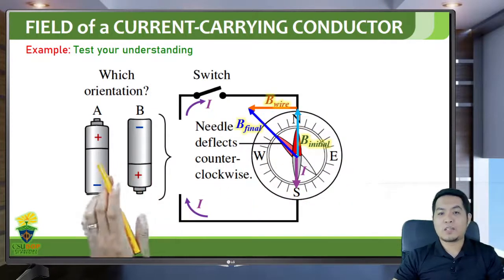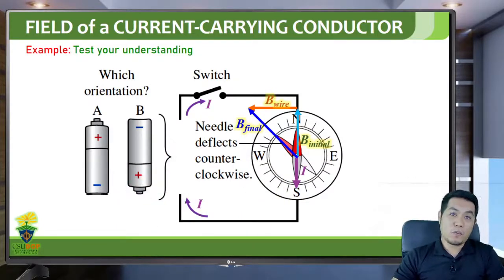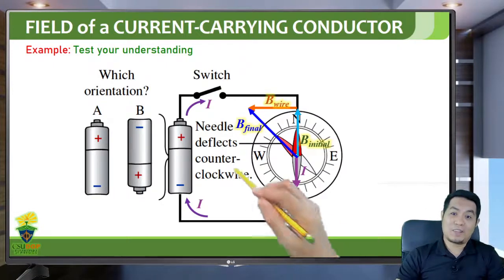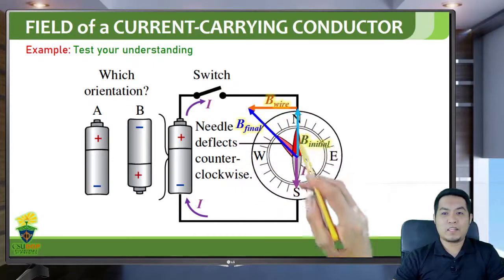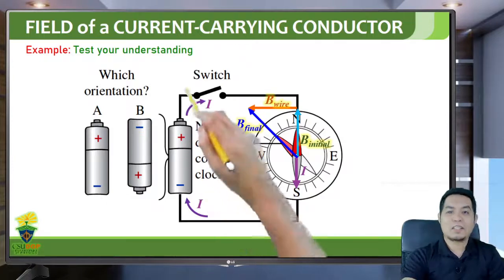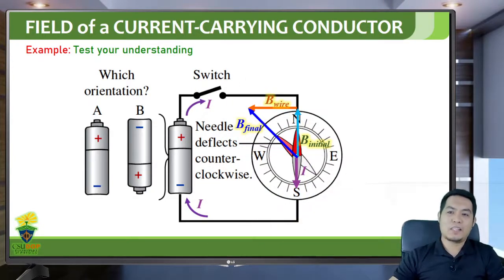And the orientation that will give this clockwise flow of current is the one where conventional current I goes out from the positive terminal of the battery, goes inside the negative terminal of the battery, and then goes again clockwise.